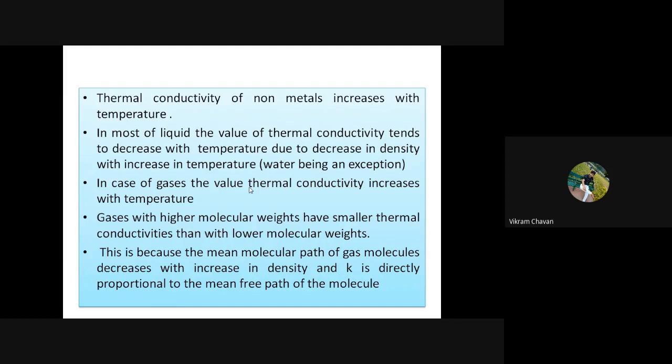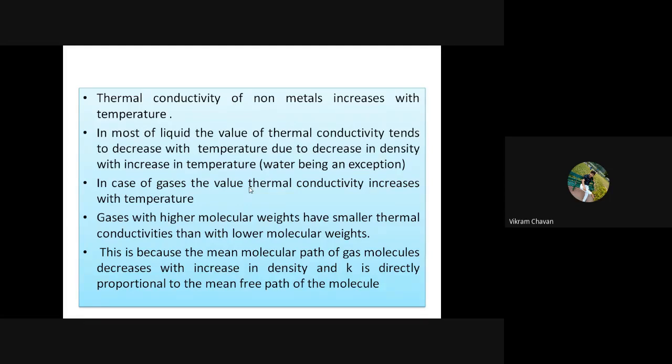If you apply your logic, in case of gases, thermal conductivity or heat transfer happens because of collision of molecules.